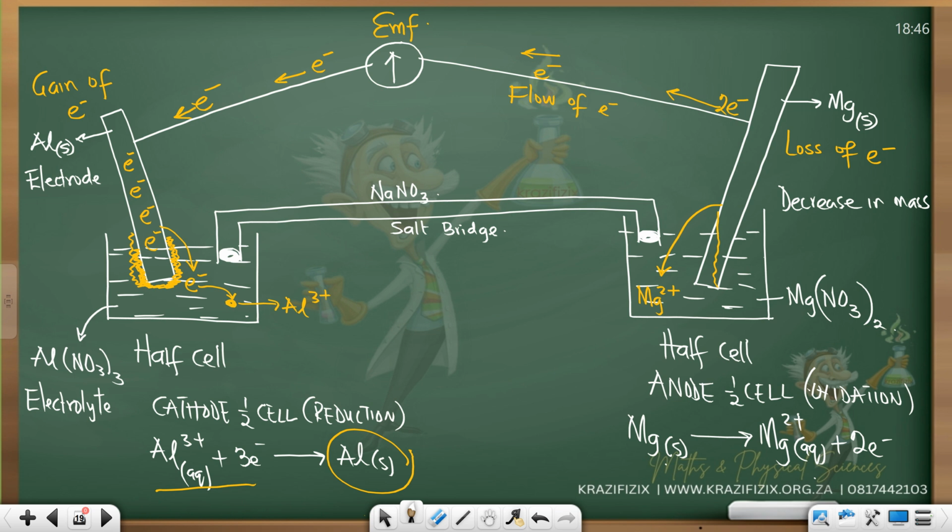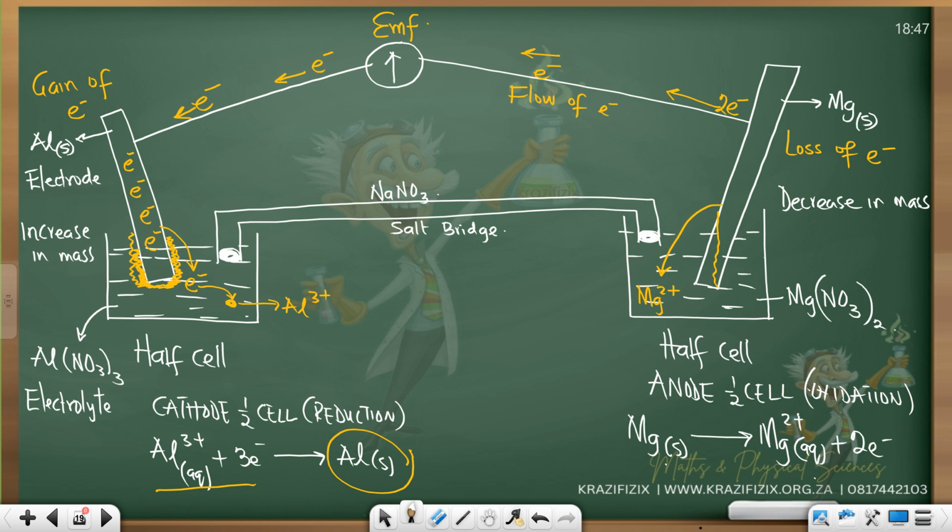Aqueous. The electrons are transferred. There's a gain of electrons and a gain in, or an increase in, mass. What is causing the increase in mass? The mass is increasing because we are gaining what? Electrons, and the aqueous is becoming a solid.